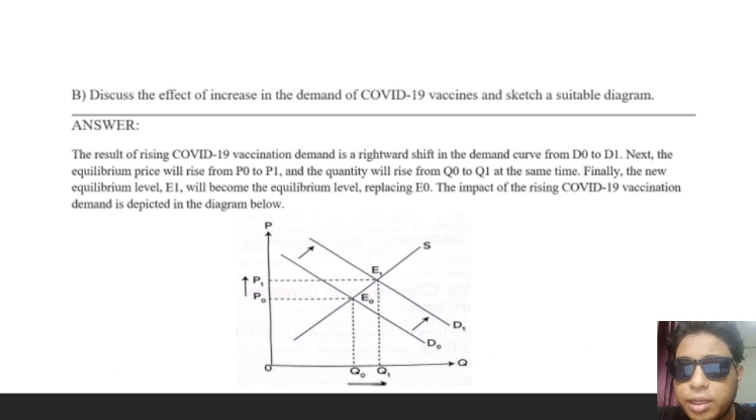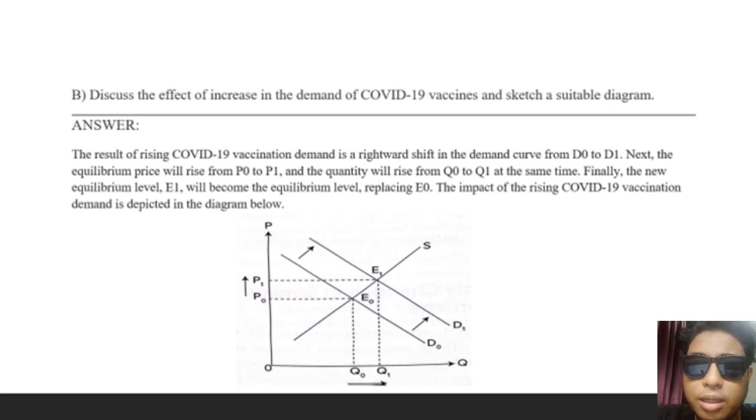Next, we move to question B. Discuss the effect of an increase in the demand of COVID-19 vaccines and sketch a suitable diagram. So the answer, we can see the diagram. The impact of the rising COVID-19 vaccination demand is referred to in the diagram below. The result of rising COVID-19 vaccination demand is a rightward shift in the demand curve from D0 to D1.